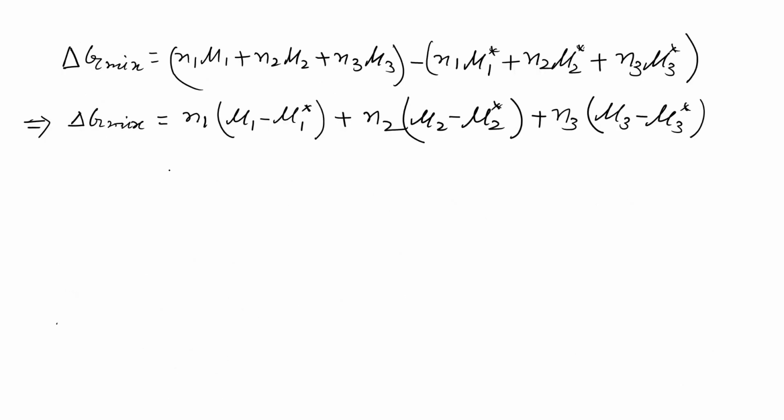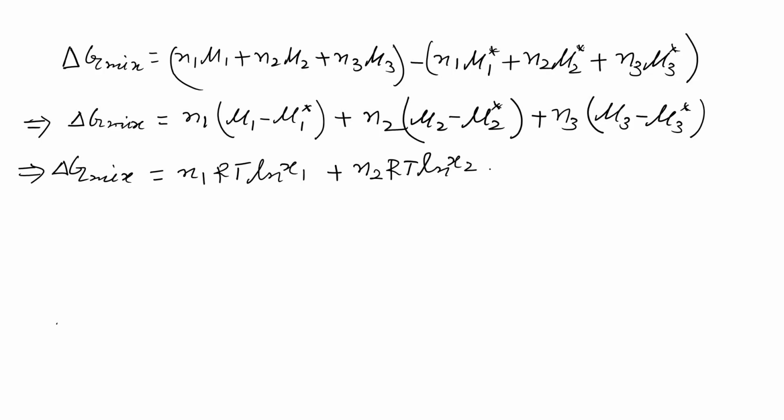So in this place, delta G mixing I can write as N1 RT ln x1 plus N2 RT ln x2 plus N3 RT ln x3.